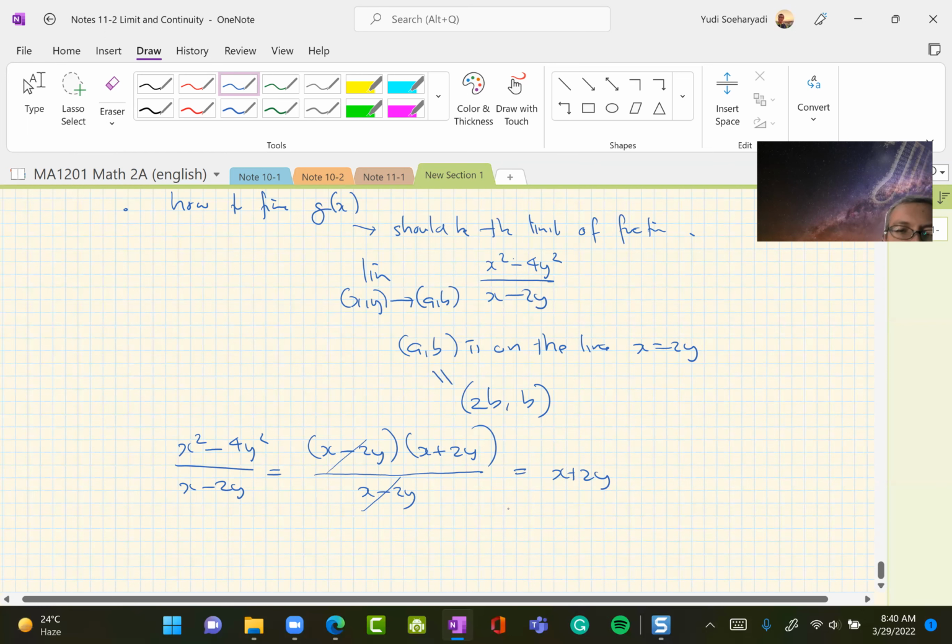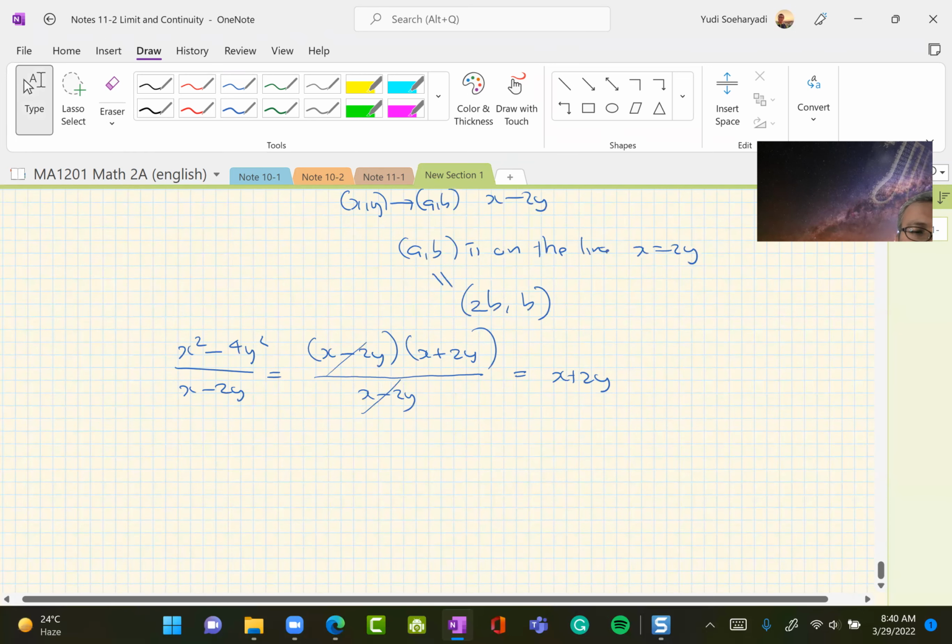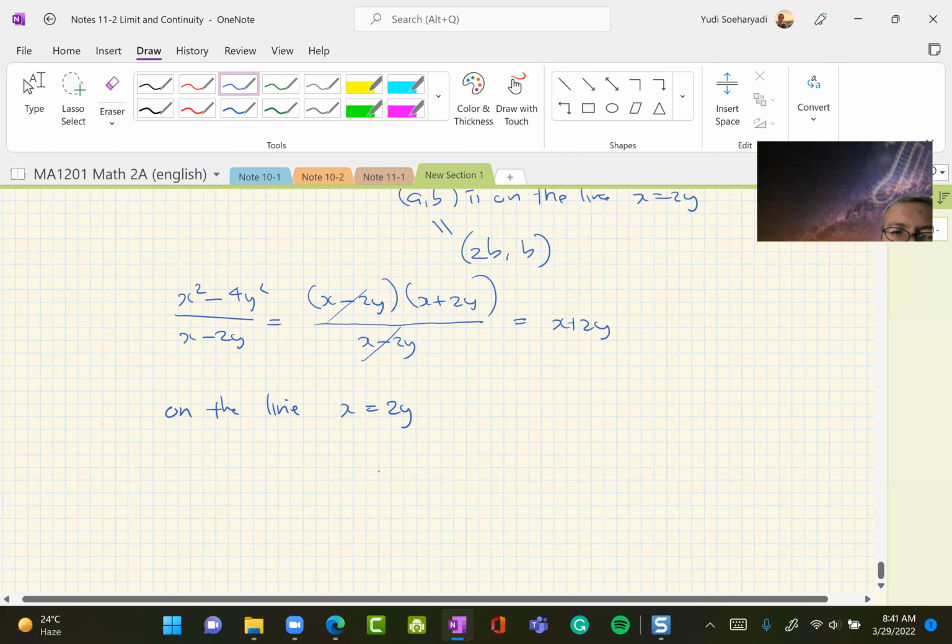Actually this one. And on the line where x equals y, this gives you actually 2y.